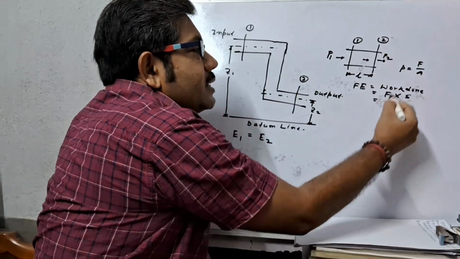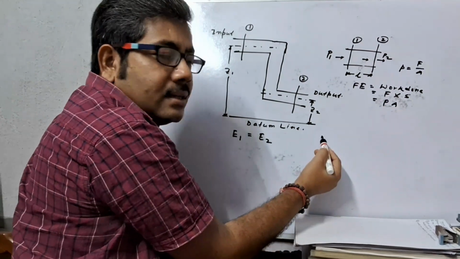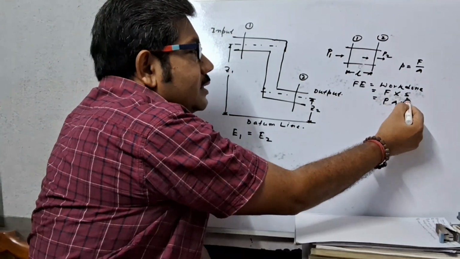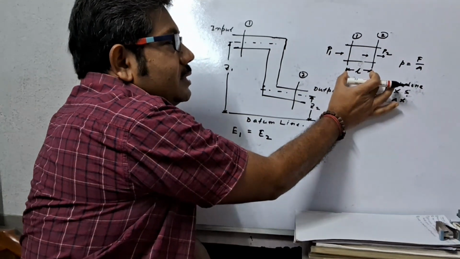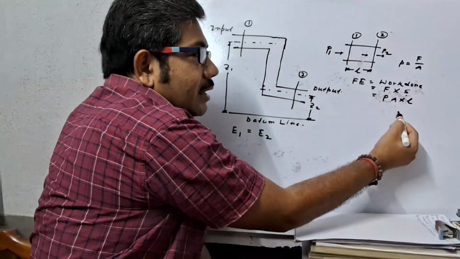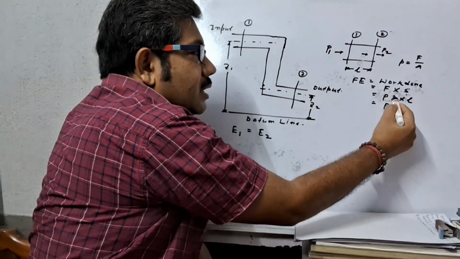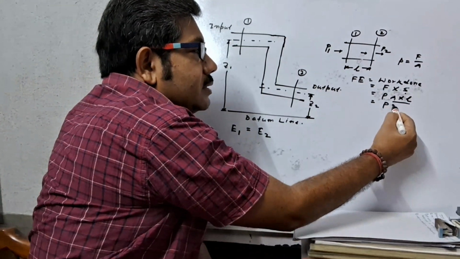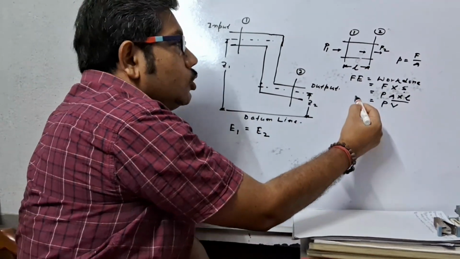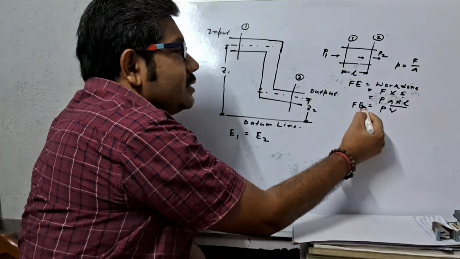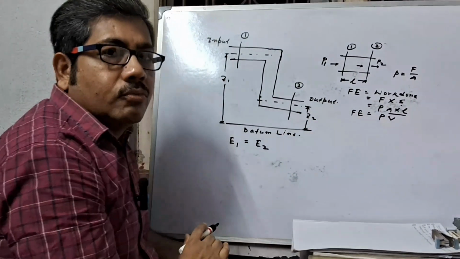That means force is pressure into area, and here displacement is L. Now pressure and area into length is called volume. So flow energy is equal to pressure into volume.